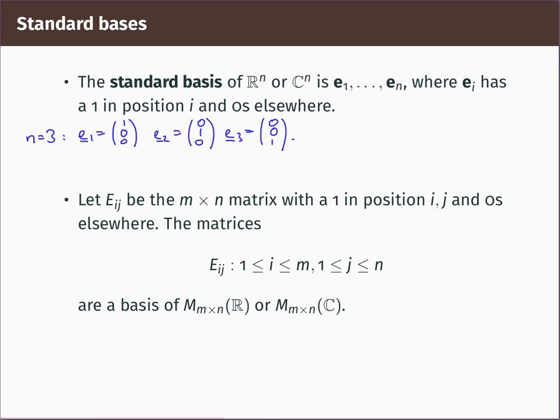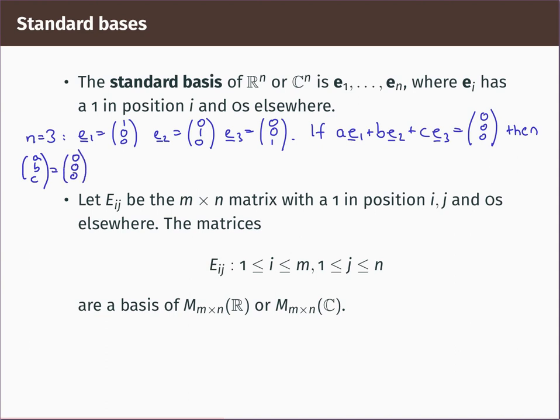First, linear independence. Let's just look at the case n equals 3, where I've written out the vectors explicitly. It's very easy to show these are linearly independent, because if you have a e1 plus b e2 plus c e3 equal to the zero vector, then the vector on the left is the vector with entries a, b, c.